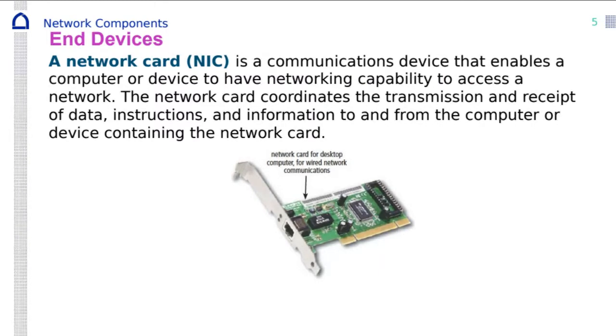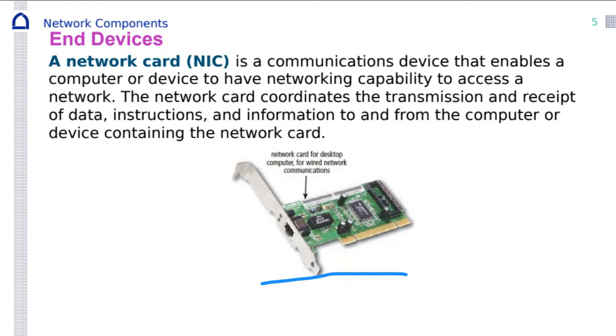We also have an important part for connecting your end device, called the NIC, or Network Interface Card, such as the one in the picture here. It is a communication device that enables a computer or device to have networking capability to access the network.